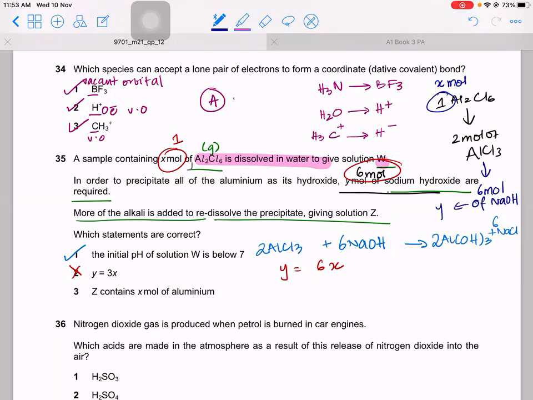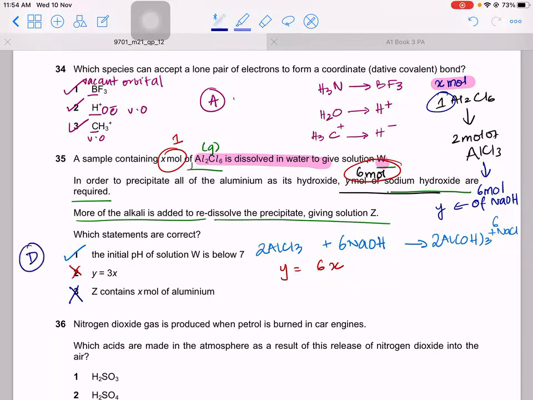Moles of NaOH are called Y. So Y is 6 when X is 1. So it's not equal to 3X, it is equal to 6X. Therefore, this is also wrong. If 1 is right, 2 is wrong, answer is always D.